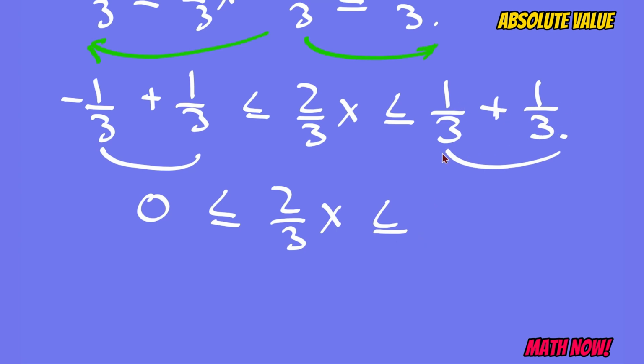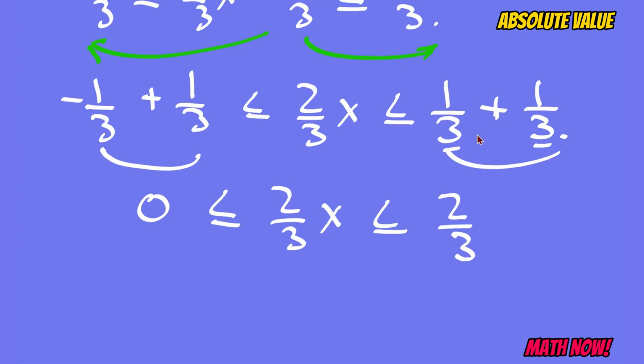In this case we have the same denominators, so all we have to do is add numerators. The denominator is going to stay the same, so it's going to be 2/3, since 1 plus 1 is 2.